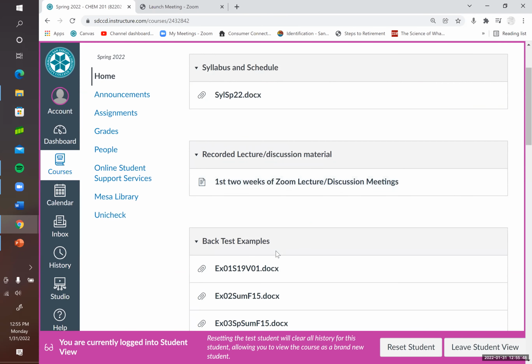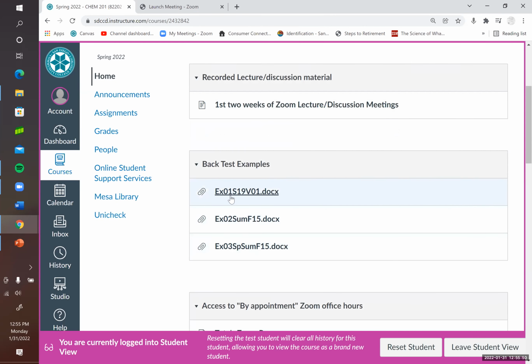Okay, so you have an example for each one of the 3 exams that you're going to have. This is exam 1. It was taken from the spring of 2019.